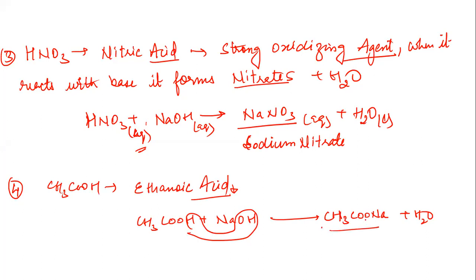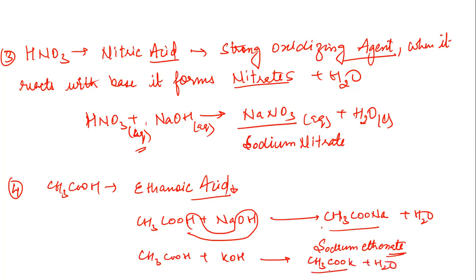This is sodium ethanoate. Clear? It can also react with KOH. It will form CH3COOK plus water, and this is known as potassium ethanoate. Is that clear? Any doubt?